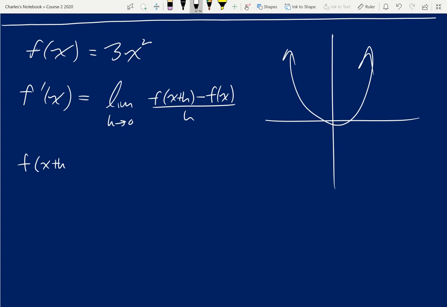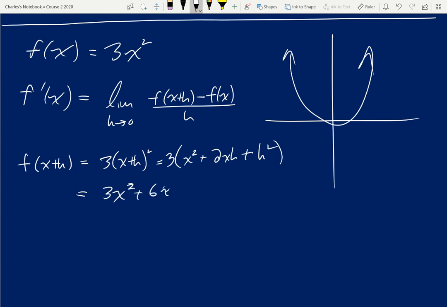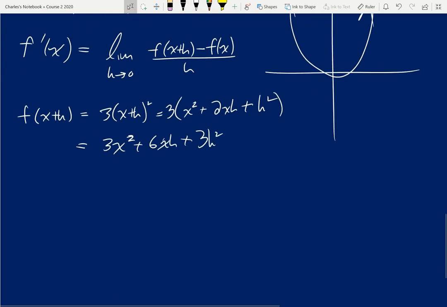F of x plus h equals 3 times x plus h squared, which is equal to 3 times x squared plus 2xh plus h squared, which is equal to 3x squared plus 6xh plus 3h squared.